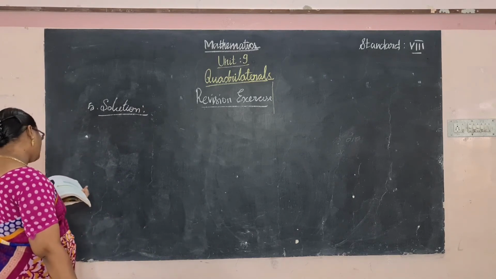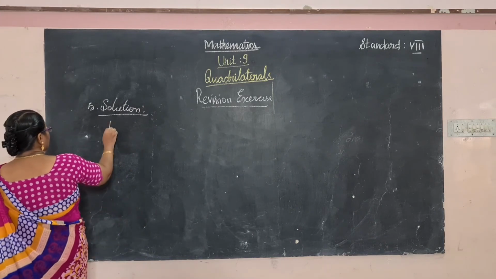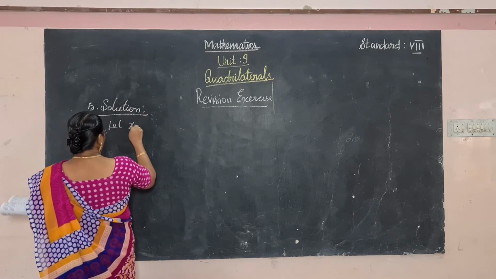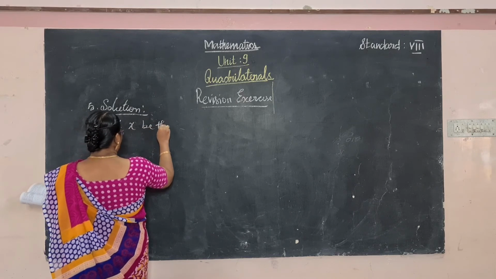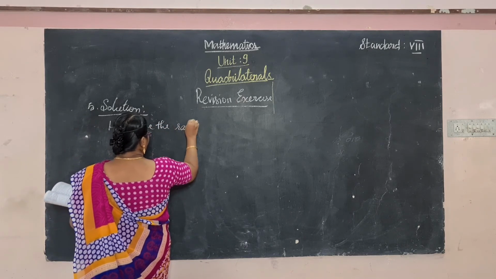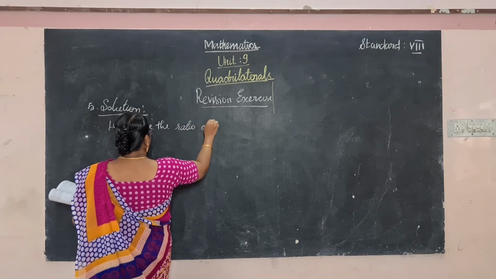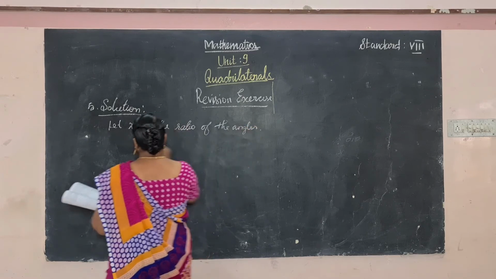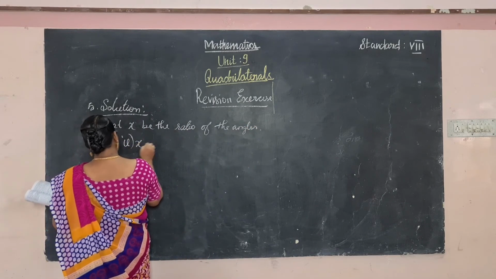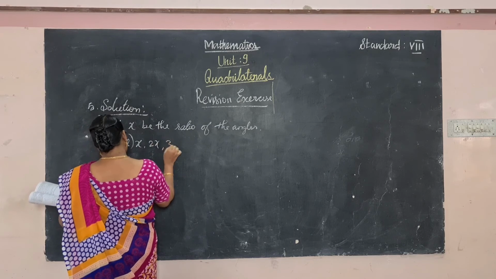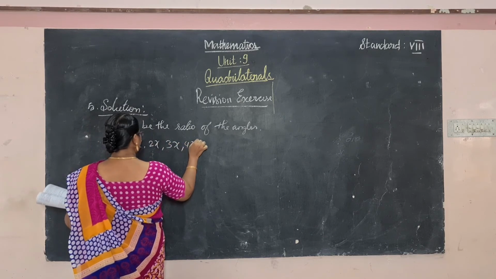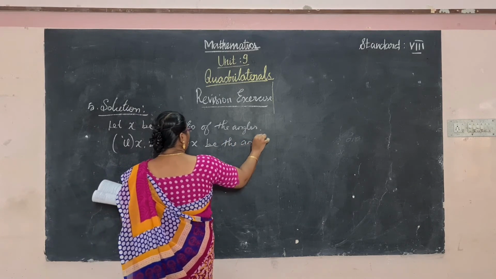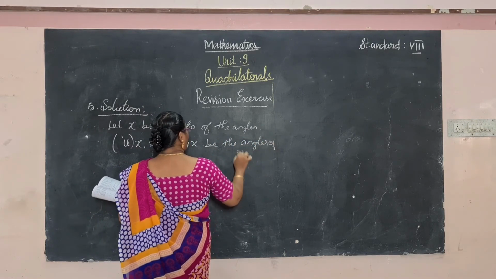The angles of the quadrilateral are in the ratio. So let x be the ratio of the angles, that is x, 2x, 3x, 4x be the angles of the quadrilateral.